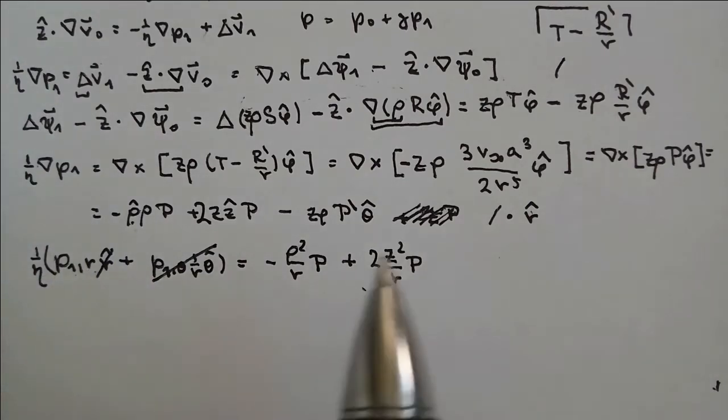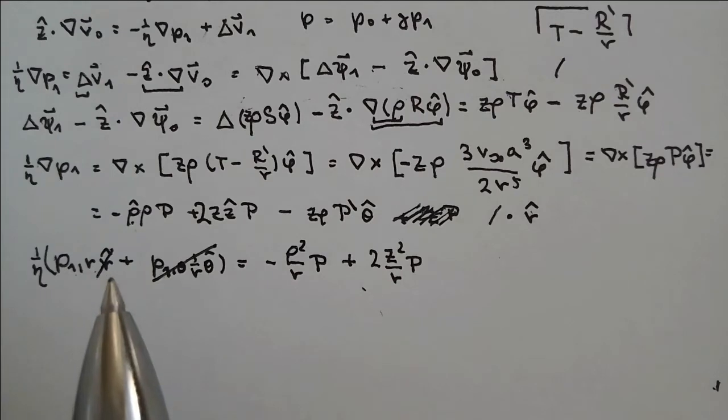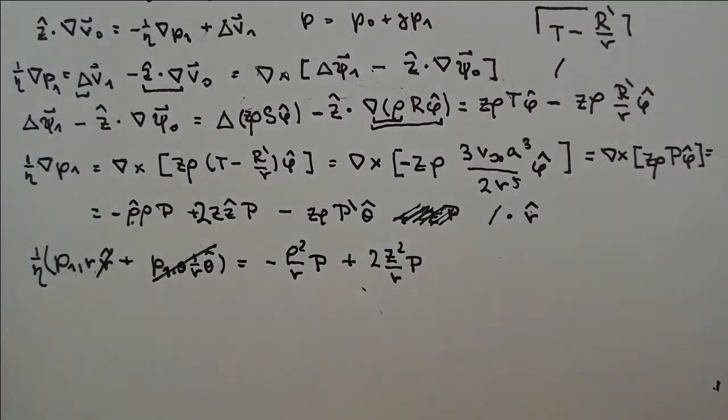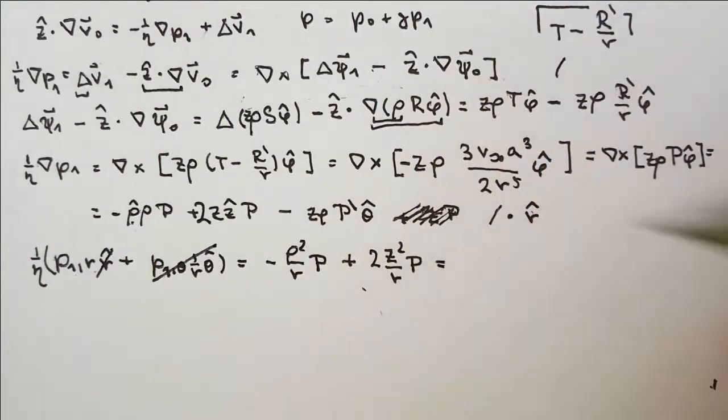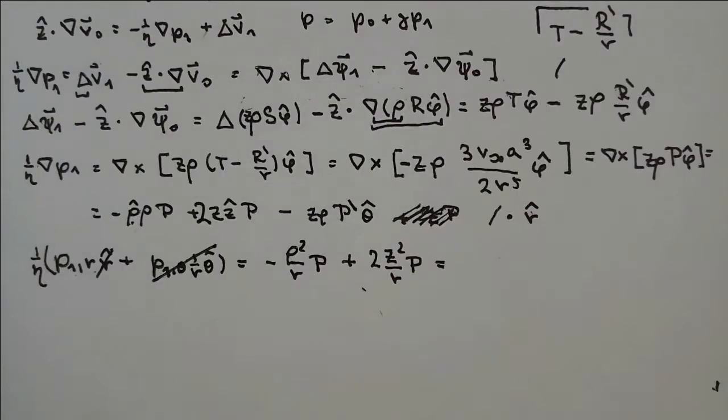So now you have to integrate it with respect to R when theta is considered constant. So for that purpose, I will, for the moment, write rho as a function of R and theta, and z as a function of R and theta.